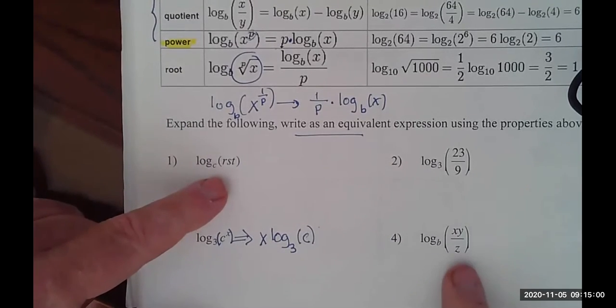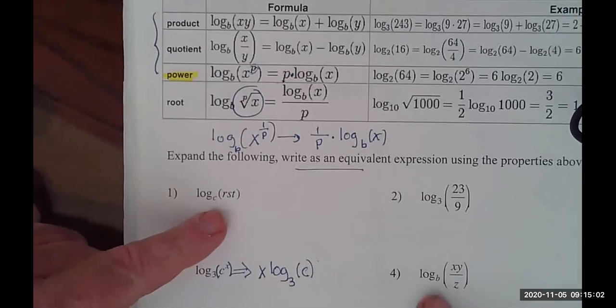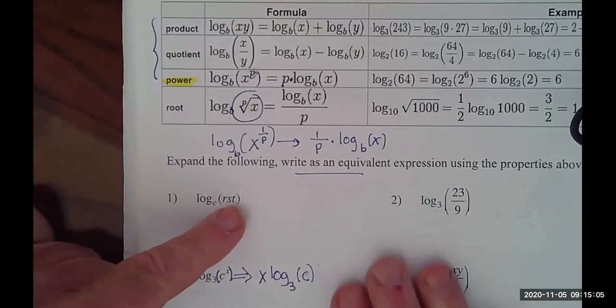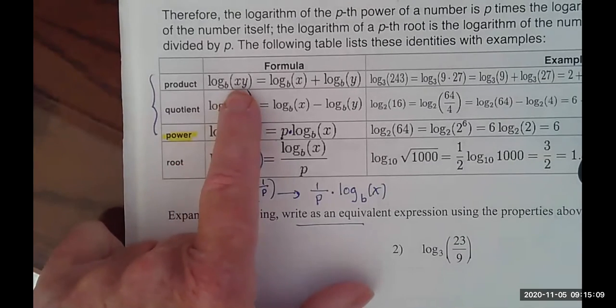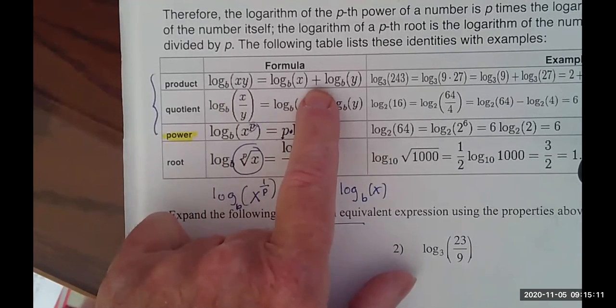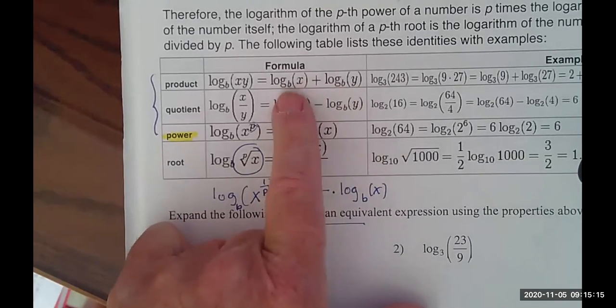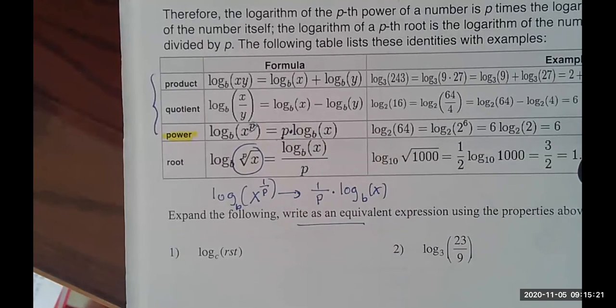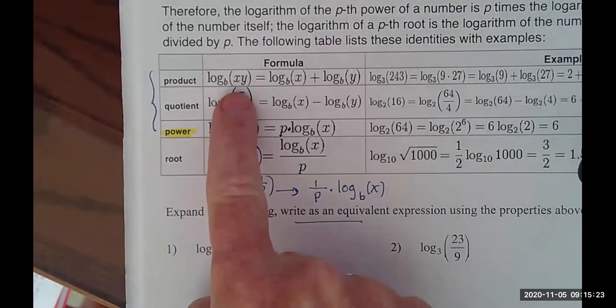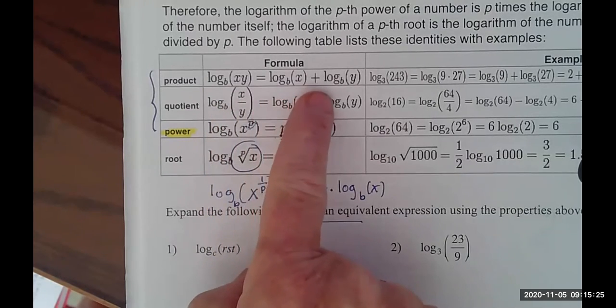It's a product inside the argument. It's like the product rule right here. If it's a product inside the argument, then you write it as a sum of those pieces. Sometimes we talk about that as expanding.